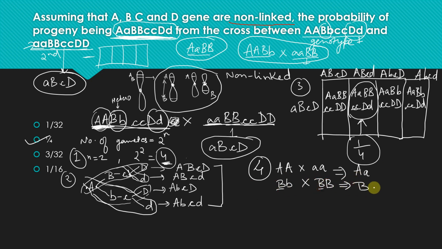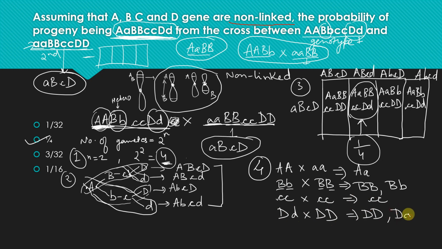One can be crossed with this, and one can be crossed with this. So these two combinations are only possible, right? Then let's look into the third one. Since both are small c, all progeny will be small c, small c. Now the fourth one is capital D small d and capital D small d. So this is similar to the B. Here also we'll get one with the homozygous DD and one with the heterozygous Dd.